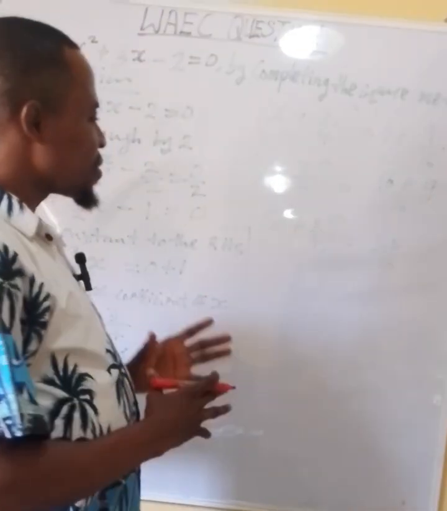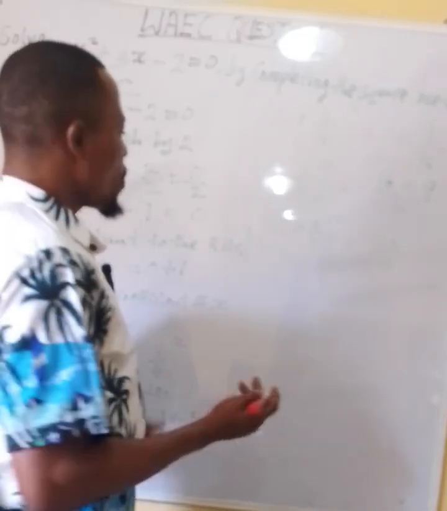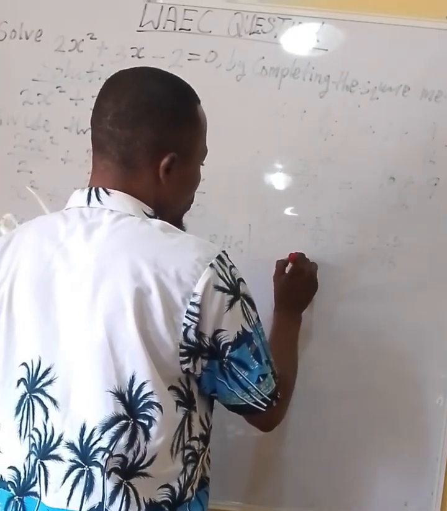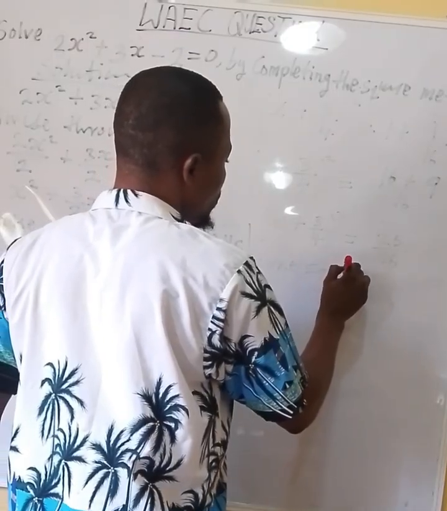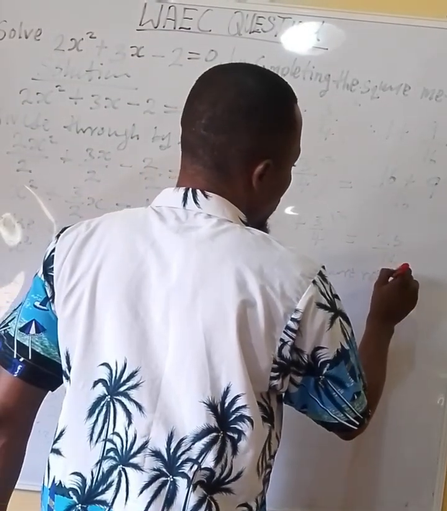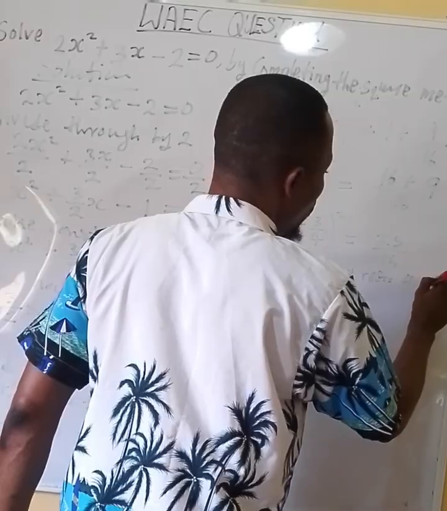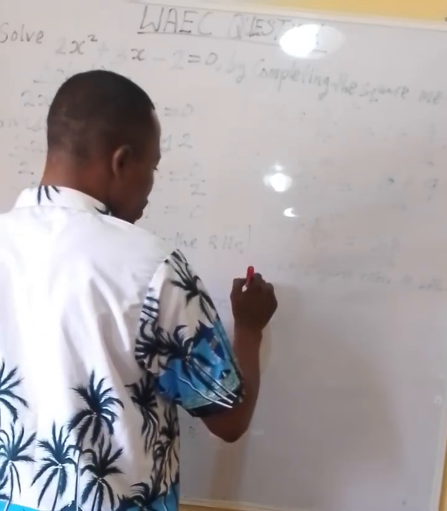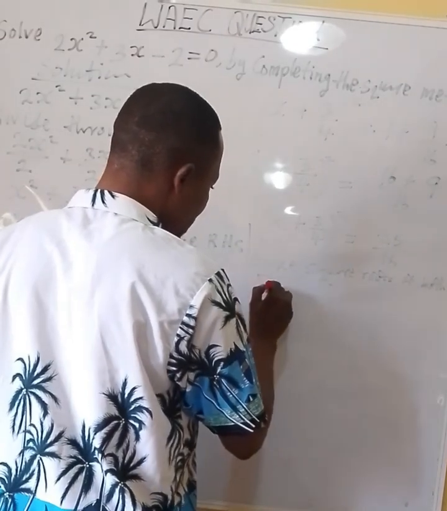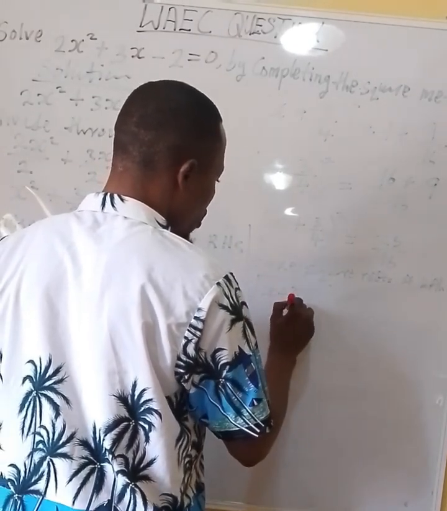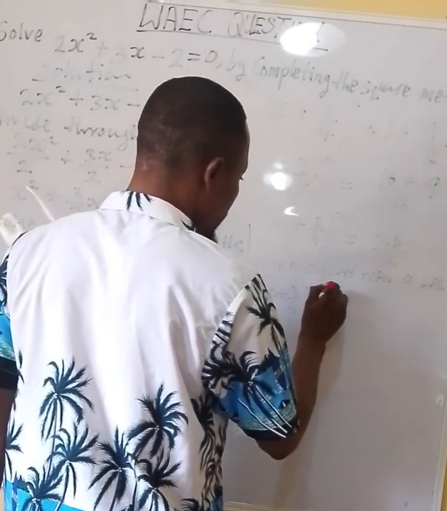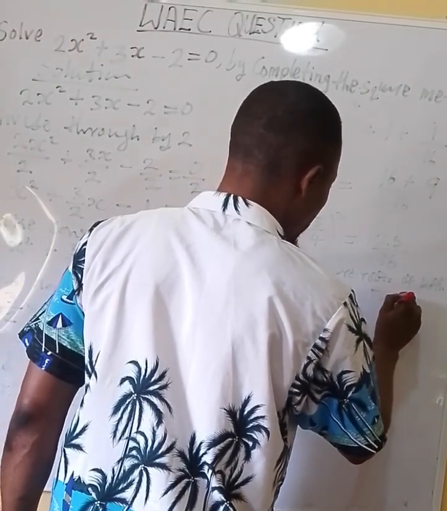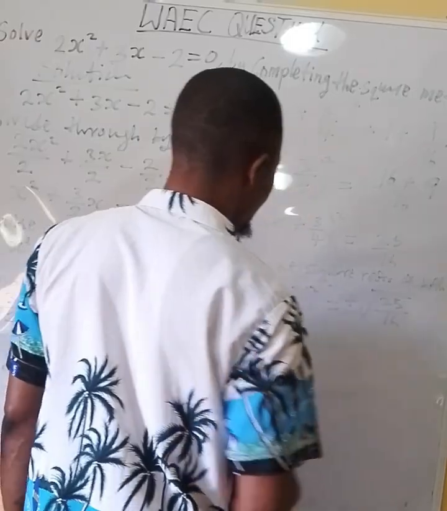We will now think about how to remove the square. So we say take the square root of both sides. It will give us the square root of x plus 3 over 4 squared equals plus or minus the square root of 25 over 16.